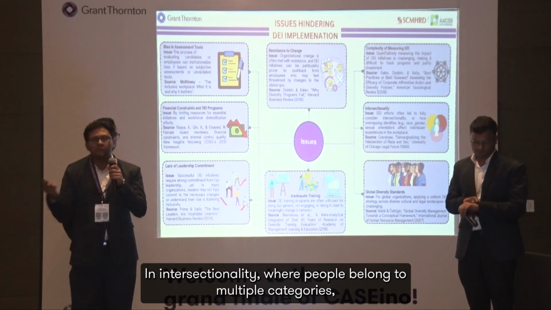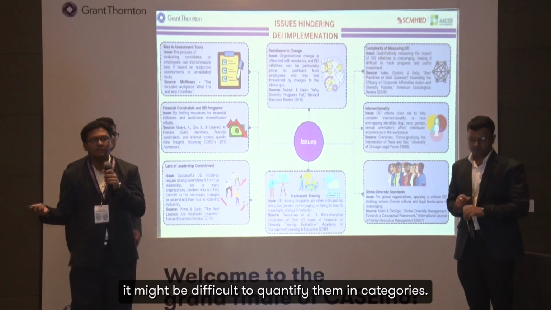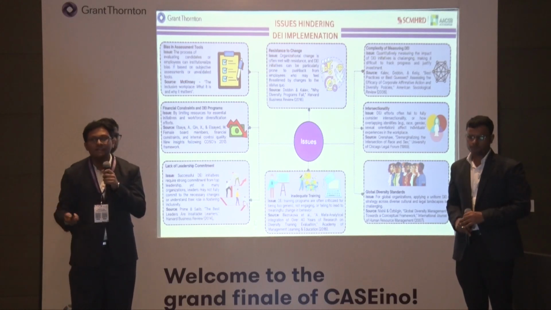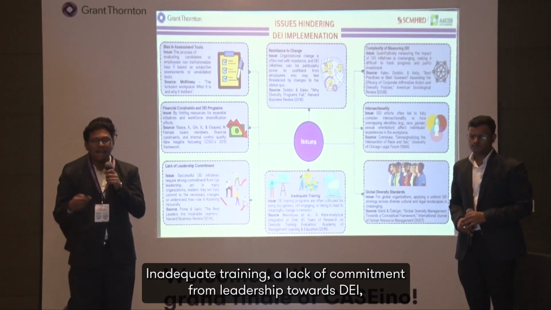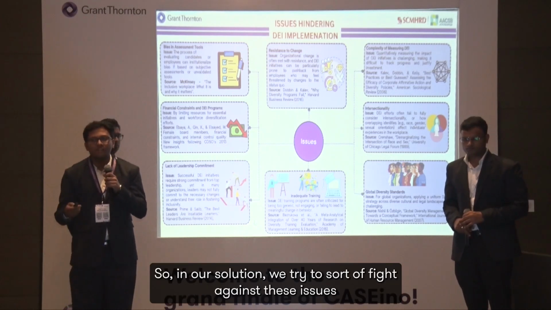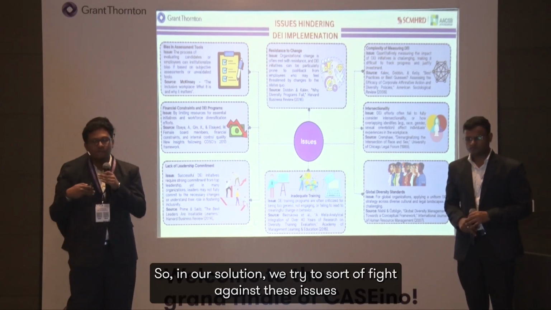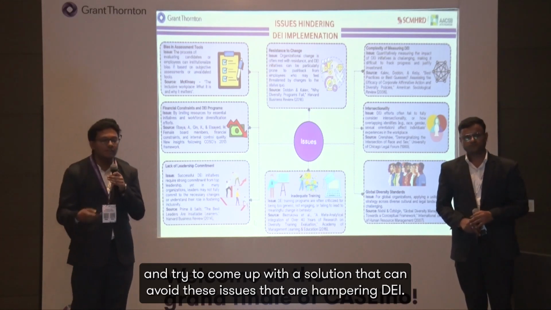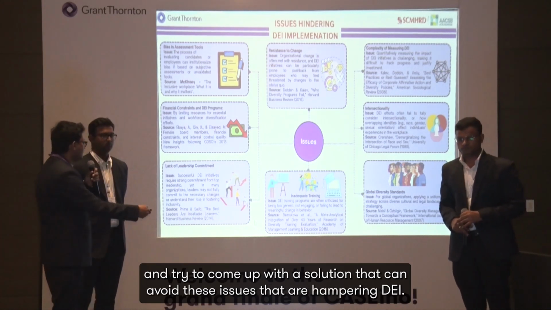Then intersectionality, where people belong to multiple categories, and it might be difficult to quantify them as being in this category or that. Also inadequate training, a lack of commitment from leadership towards DI, financial constraints, and a bias in assessment rules. So in our solution, we try to fight against these issues and come up with a solution that can avoid the issues that are hampering DI.